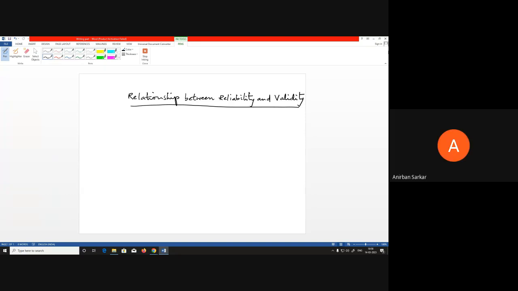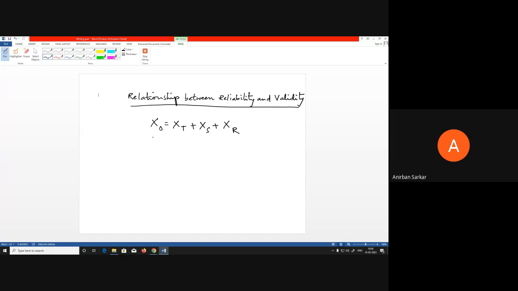So let us finish off by recapitulating the relationship between reliability and validity. Today we have discussed the true score model, where I have mentioned that X0 is equal to XT plus XS plus XR, where XR is the random error, XS is the systematic error, XT is the true score, and X0 is the observed score.